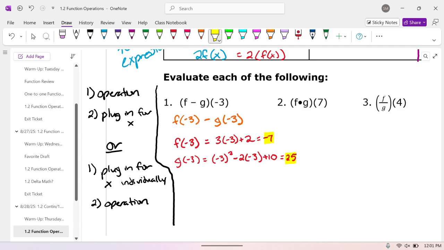I'll give you one more minute. So put the parentheses exactly where I put them.